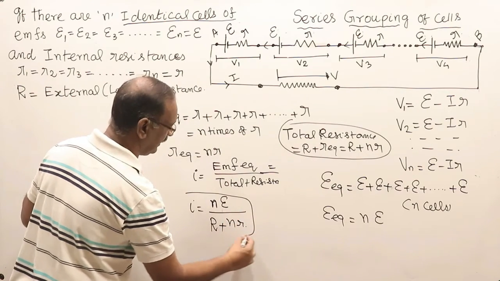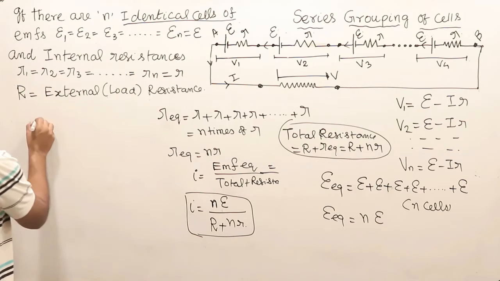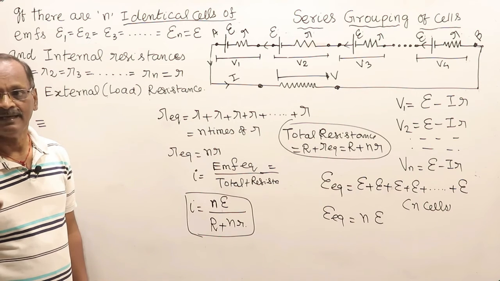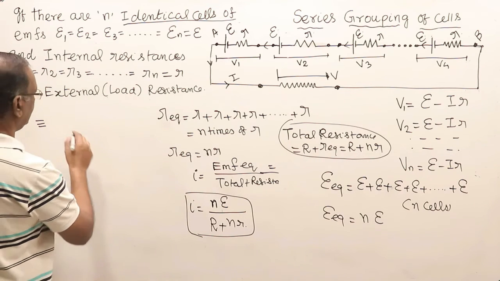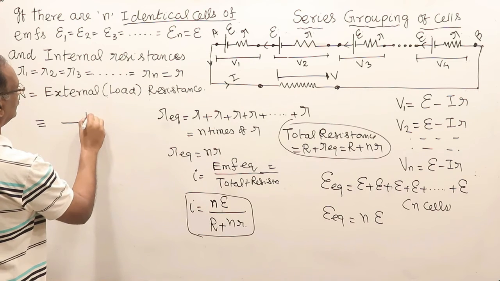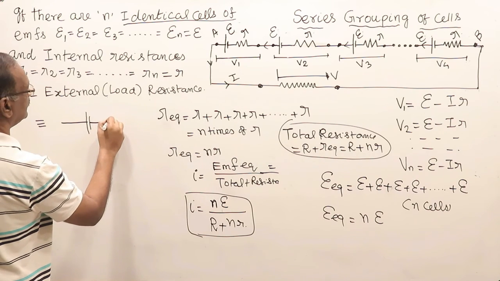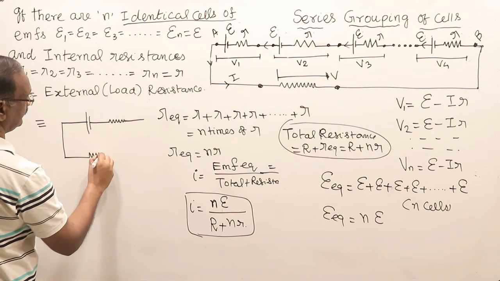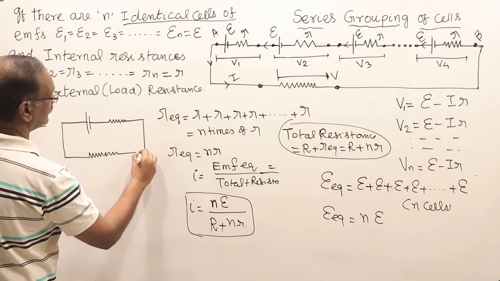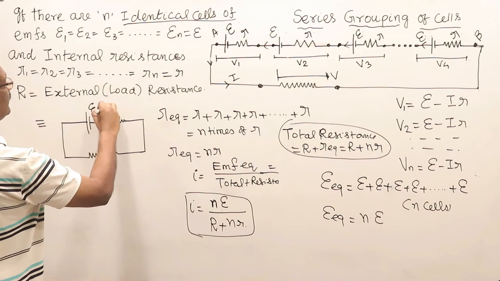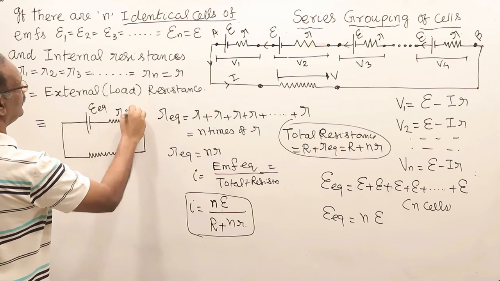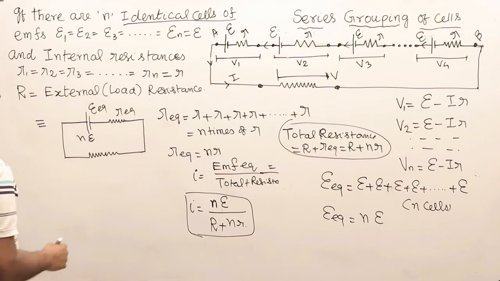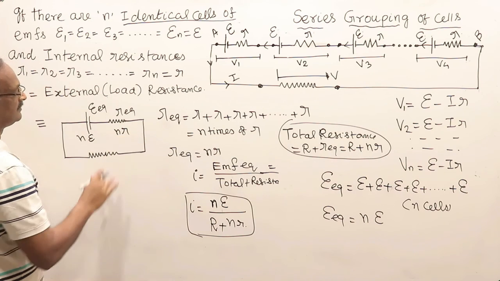This is the expression for I, and the equivalent circuit can be written in this form. This is the total EMF, with the equivalent internal resistance, and this is the external resistance. The total EMF is n times the EMF of one cell, and the equivalent internal resistance is n times the internal resistance of one cell.